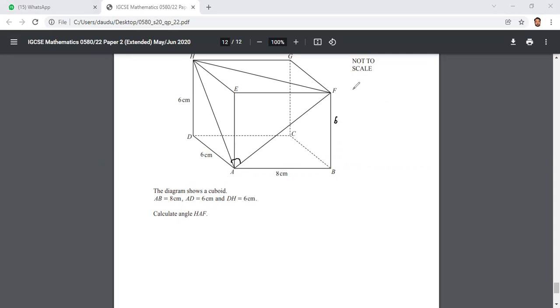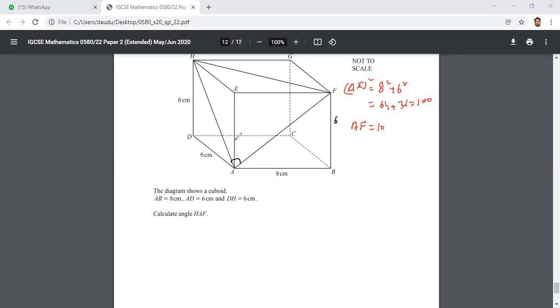So this is AF, the longest side. AF whole square is equal to the sum of squares of the other two sides, like 8 square plus 6 square, which gives me 64 plus 36 equal 100. So AF will be 10.